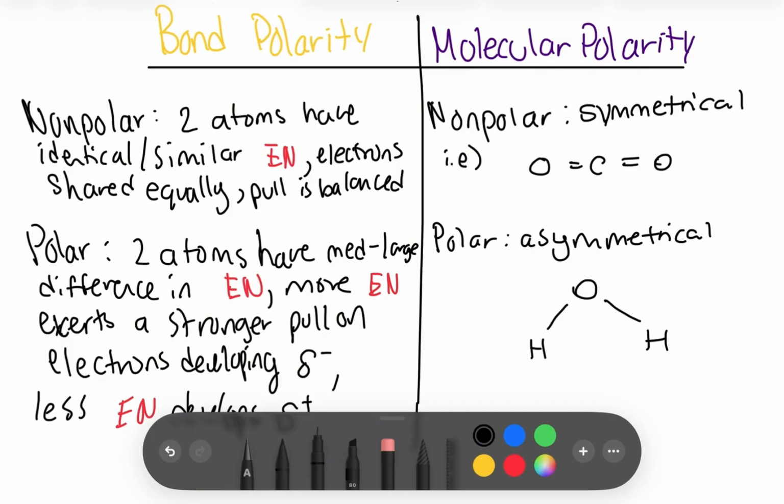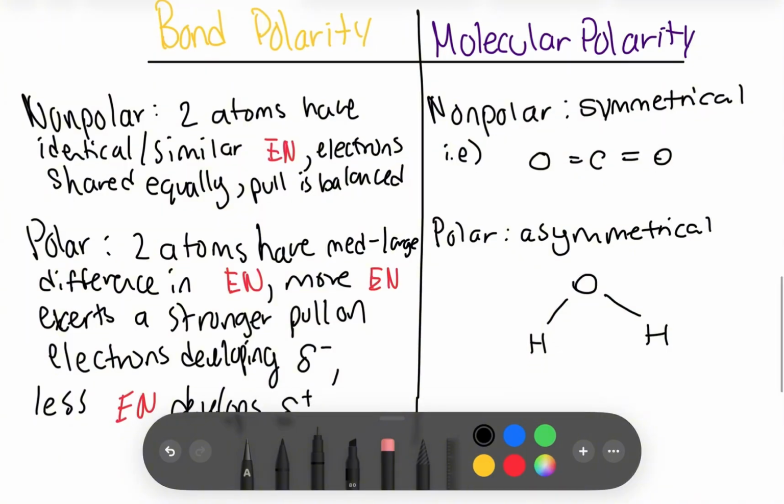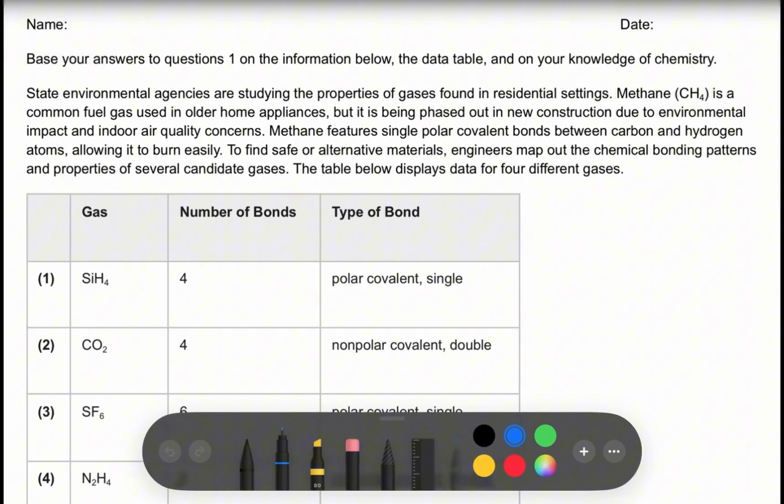Also, partial charges are developed where, since oxygen is more electronegative, it's going to develop a partially negative charge, and the hydrogen is going to develop a partially positive charge. And it's the same scenario for CO2. Since oxygen is more electronegative, it's going to develop a partially negative charge, and carbon is going to have a partial positive charge.